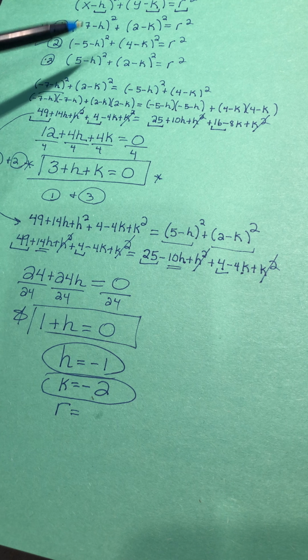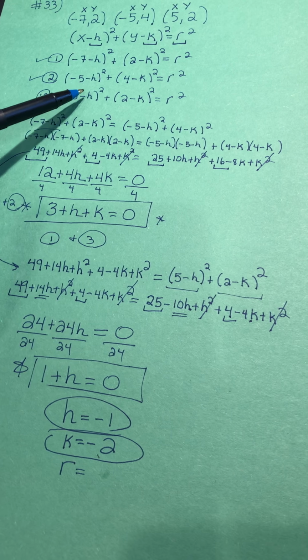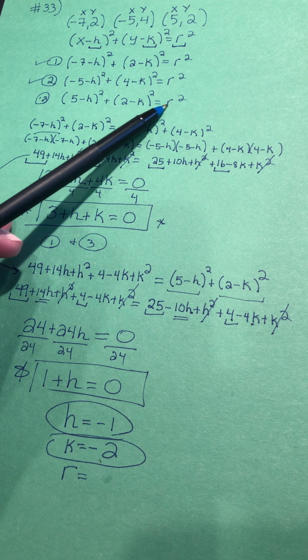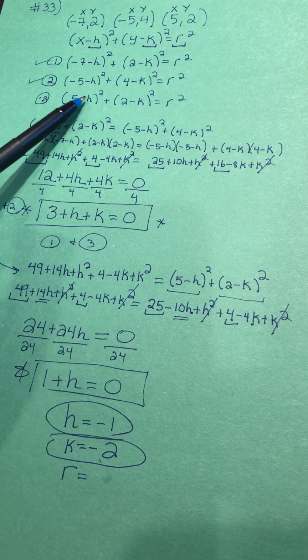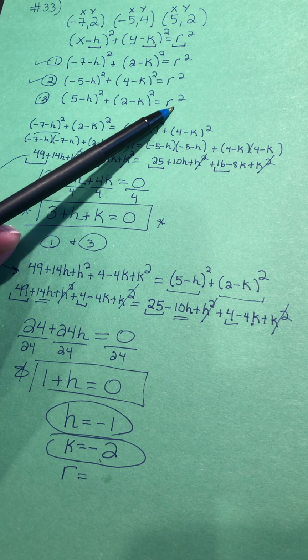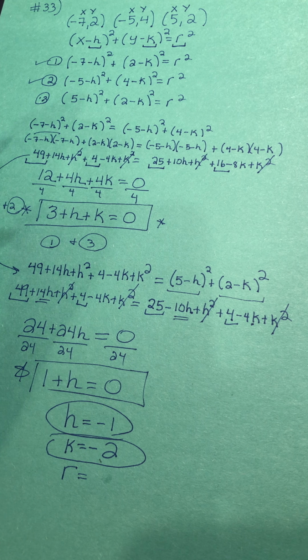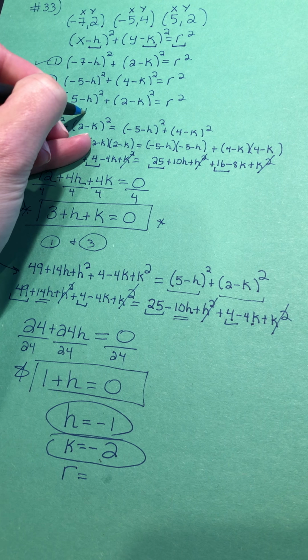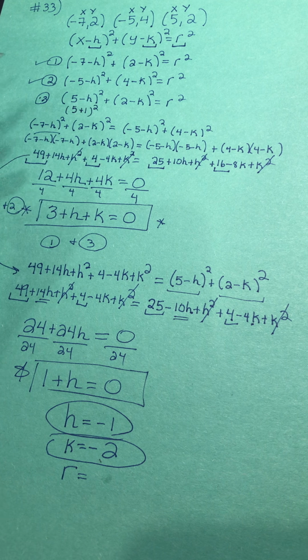And if you look, you can pick either equation 1, 2, or 3. I'm going to pick equation 3. I'm going to plug the h and k in here, and I'll get r. So let's do that. So h is negative 1, so this is 5 plus 1 squared, okay?